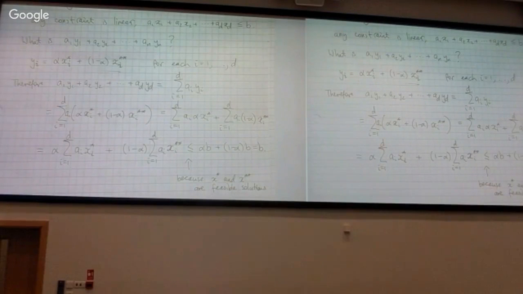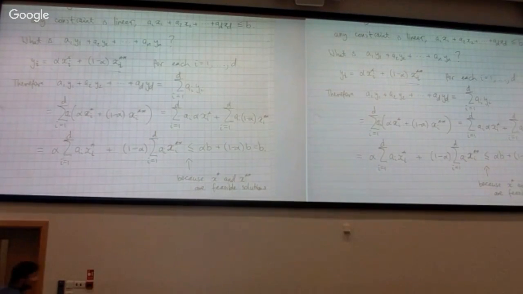And any constraint of the linear program is like this. But in fact, you have non-negativity. Non-negativity is also like this because b is 0, A1 is -1, and the rest of it is 0. So any constraint is satisfied.